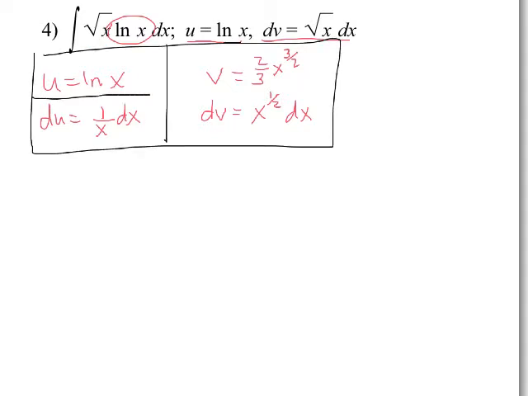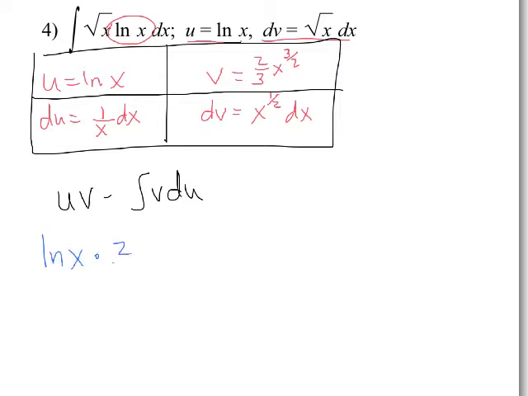So this would be the table you would want to fill out, and then you want to write the general form of the equation, uv minus the integral of v du, ultraviolet voodoo. So ln of x times 2/3 x to the 3/2 minus the integral of 2/3 x to the 3/2 times 1 over x dx.